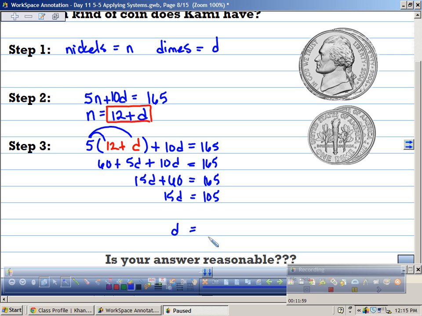What times 15 equals 105? 10 times... No. Sure. Almost. Think of, okay, so 8 times 5 is 40. Does that end in a 0? Does 6, and 6 times 5 is 30. Does that end in a 0?